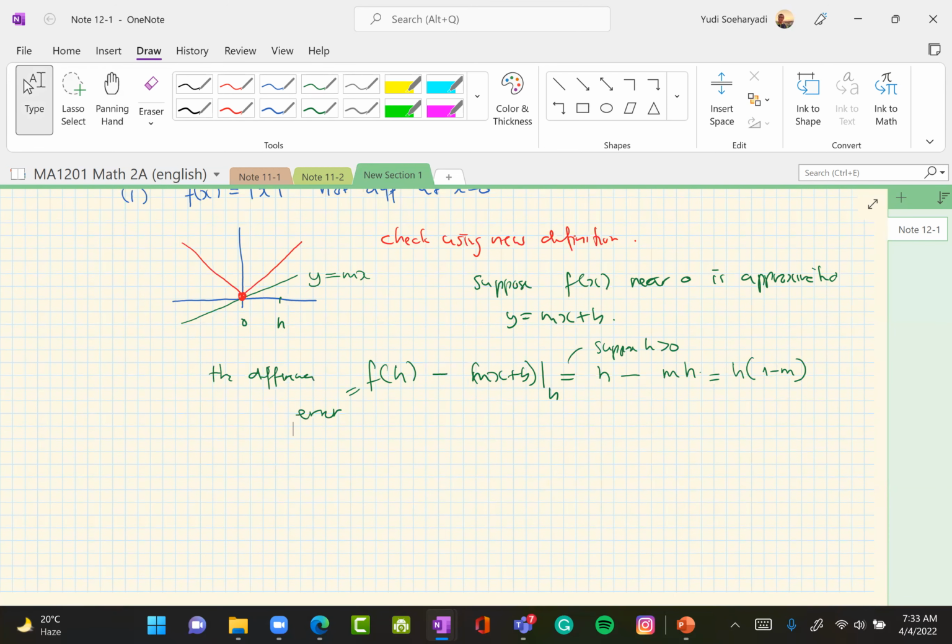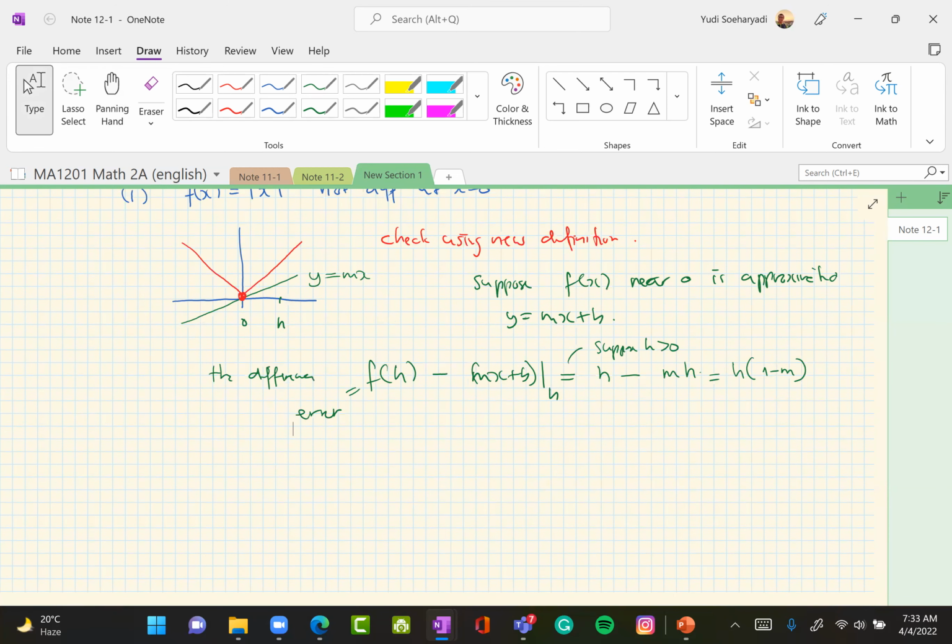When m equals 1, consider h negative. Because when h is negative, what we have is the error over h.